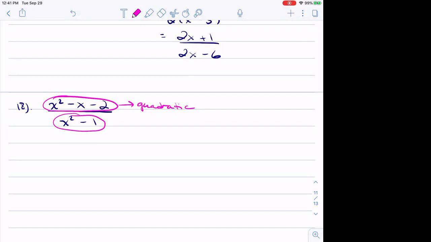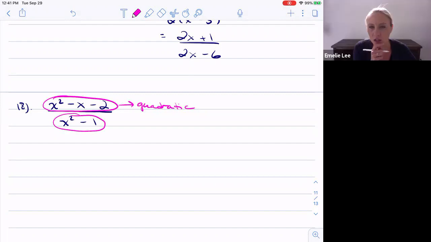From the top, you could try grouping, but it doesn't actually get you anywhere, because if you do x times x minus 1 minus 2, you can't really do that unless you have more than 4 terms, right?